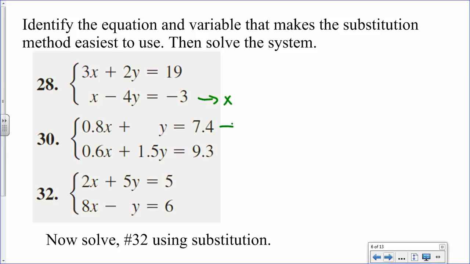Y. Okay. 32, top or bottom? Bottom, and which variable? Y. Okay, so on 32, I do have to remember though that there's a negative, so a negative 1 here. But it's still easier to divide by negative 1 than it would be to divide by 8 or something else. Okay, so let's do 32.